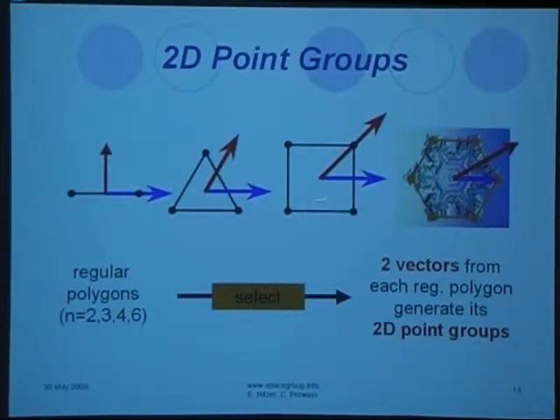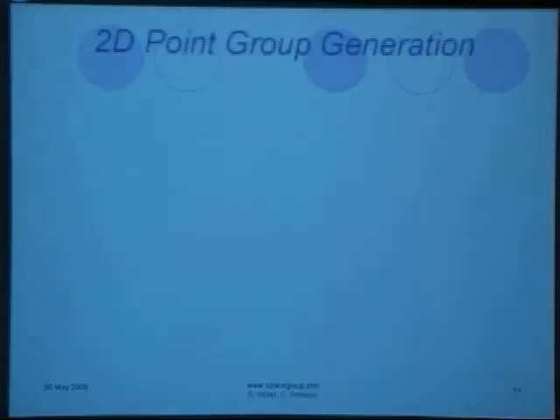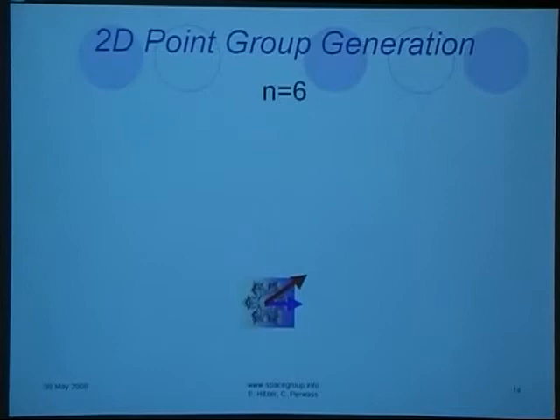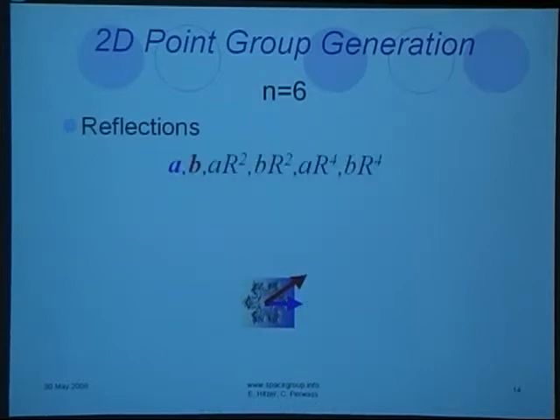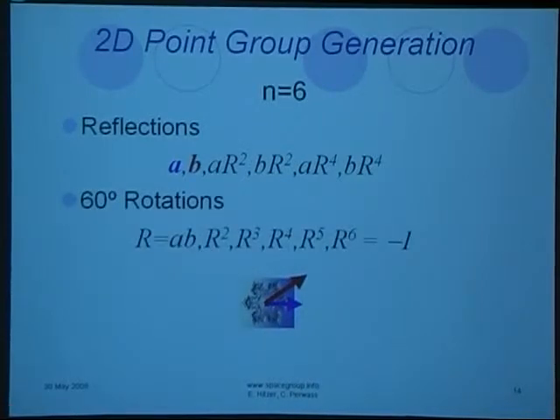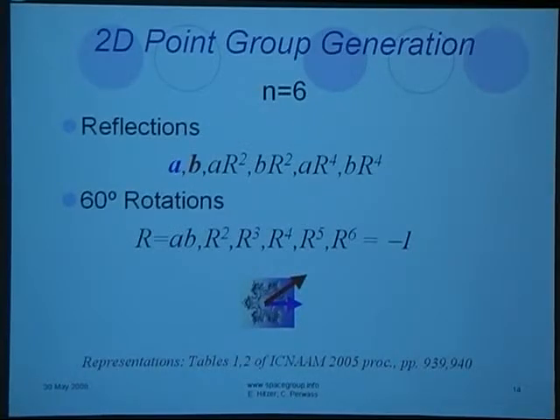And so I shift them to the center because that's the invariant point of the point groups, and then I can use these vectors as I have described it before to generate the point groups, which describes the symmetry of these figures. Now an example, snowflake, n equals 6, here's the number of vertices, and I get the reflections by using these vectors. So R means A times B. I get the 60-degree rotations, and the last one here becomes identity.